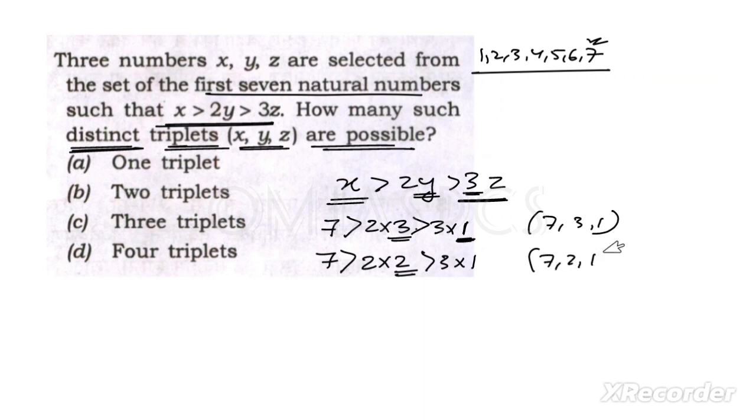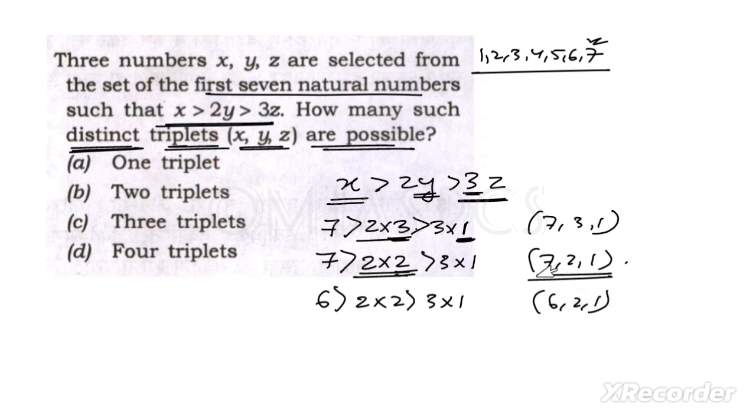This is one more possibility. For 7 no other value is possible, so now we take 6. For 6, we take 2 multiplied by 2 and 3 multiplied by 1, like 6, 2 and 1.